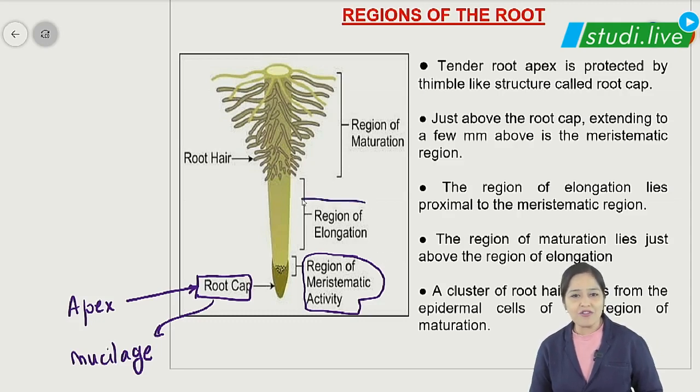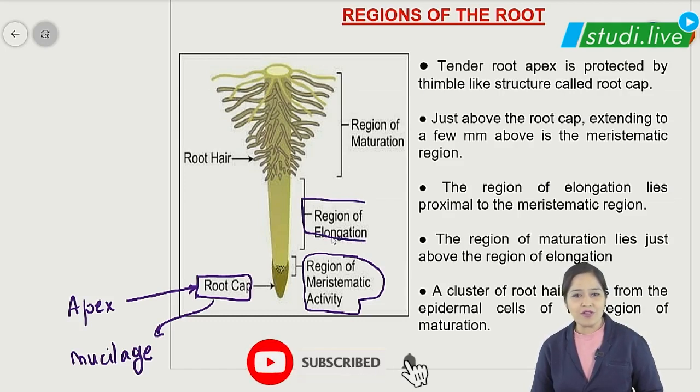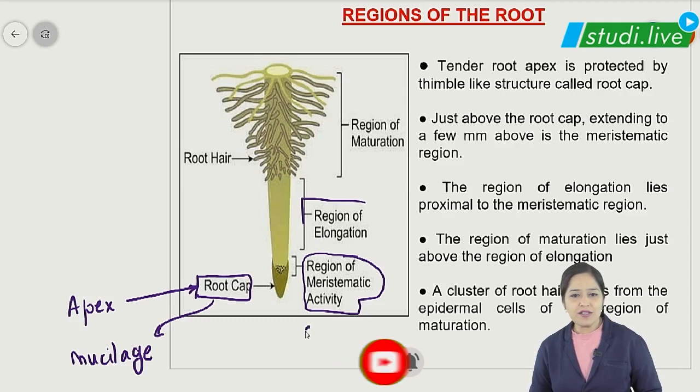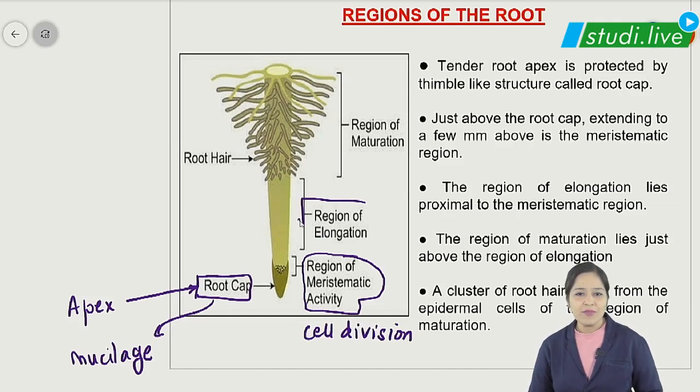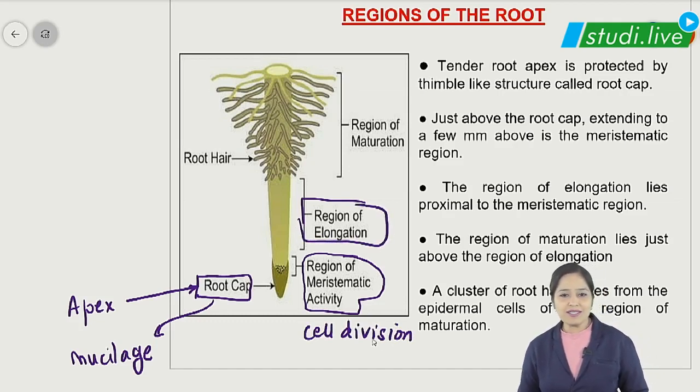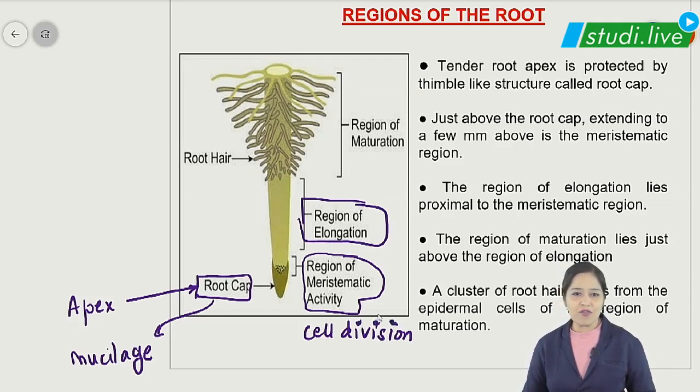This meristematic region is also known as the region of cell division. After that region, we have the region of elongation, where the cells undergo the process known as elongation.